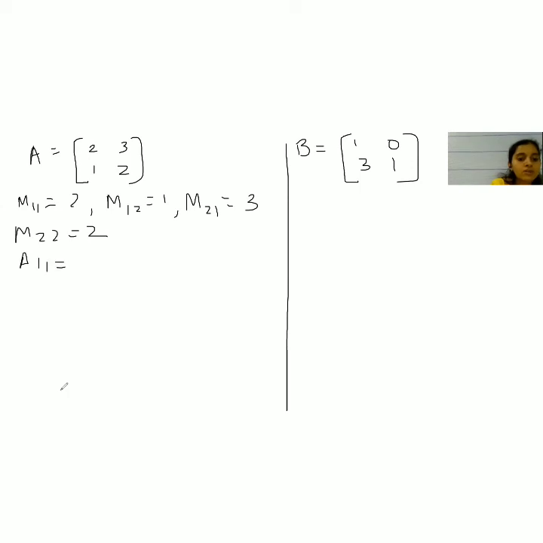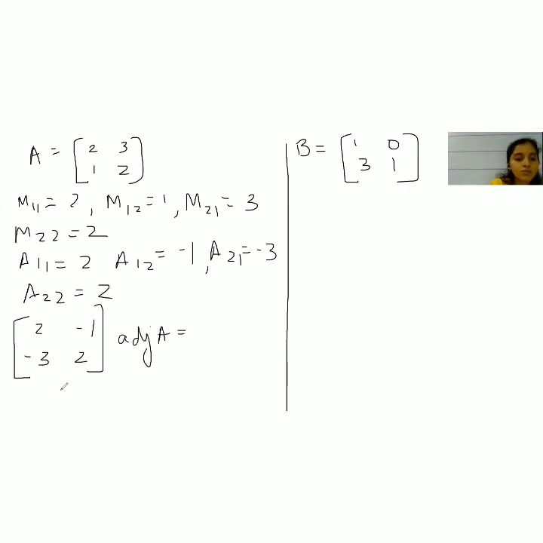A11 is the same, A12 is equal to minus 1, A21 is equal to minus 3 and A22 is equal to 2. Matrix of cofactors is 2, minus 1, minus 3 and 2, and adjoint of A will be 2 minus 1 minus 3 and 2. What will be the inverse of A?